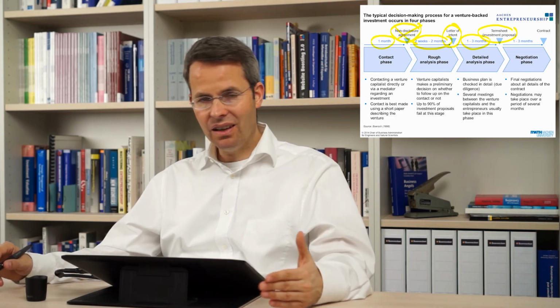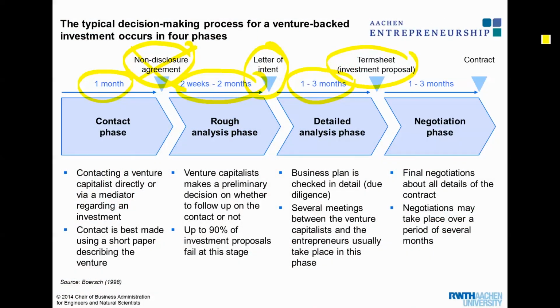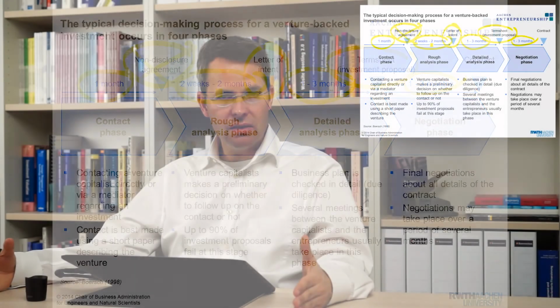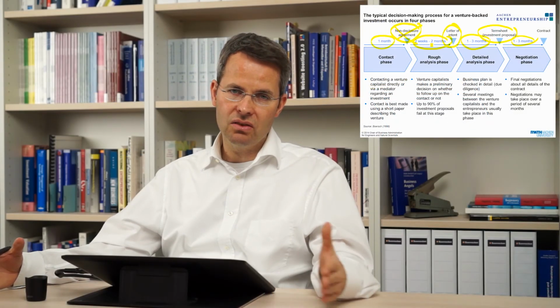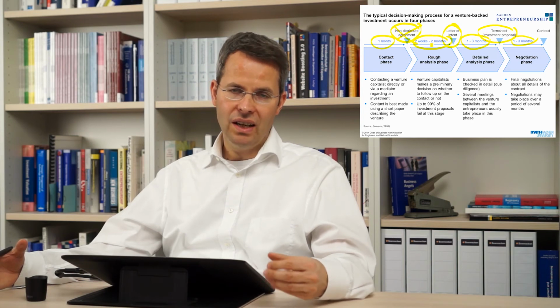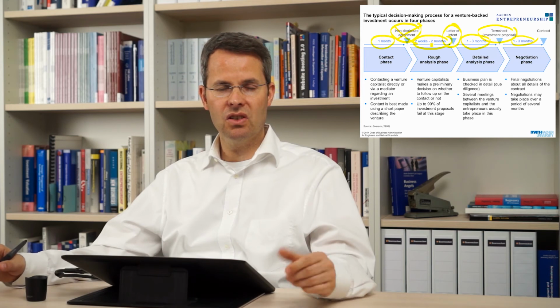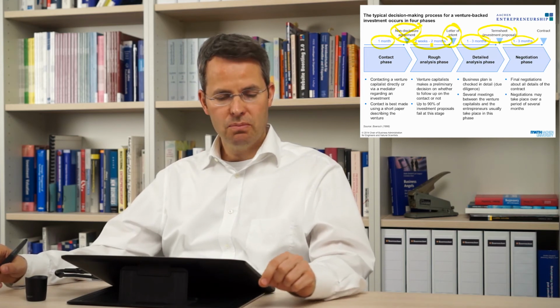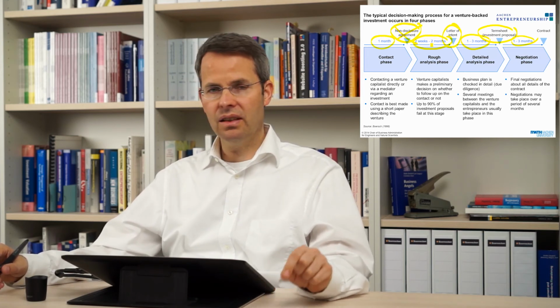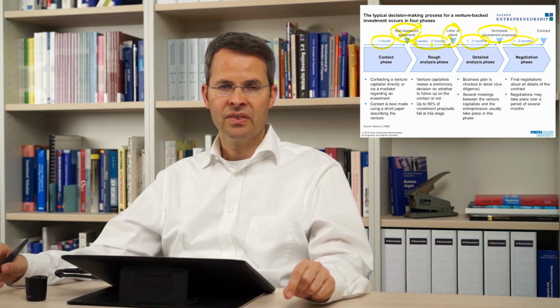Or it takes a little longer to negotiate that with the venture capitalist, which might be also 1 to 3 months. So what you can see altogether, this process might take 3 plus 3 plus 2 plus 1 month, which is altogether 9 months, which is quite an amount of time. So you have to take that into account when running out of money, which you probably shouldn't do when contacting venture capitalists. But be early enough when contacting the venture capitalists.